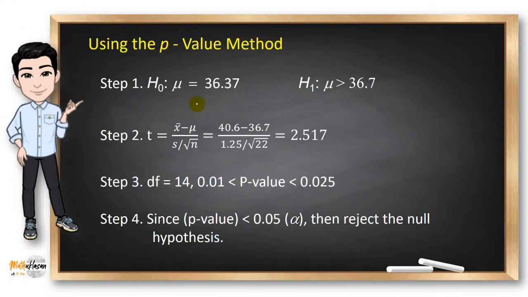The null hypothesis for the problem is mu equals 36.7 and the alternative is mu is greater than 36.7, and this is the claim of the physician or of the doctor. And by using the formula, we'll get a t-value of 2.517. To find the p-value, we'll again need the degrees of freedom. Since the sample size is 15, subtracting 1 from 15 will give us 14.